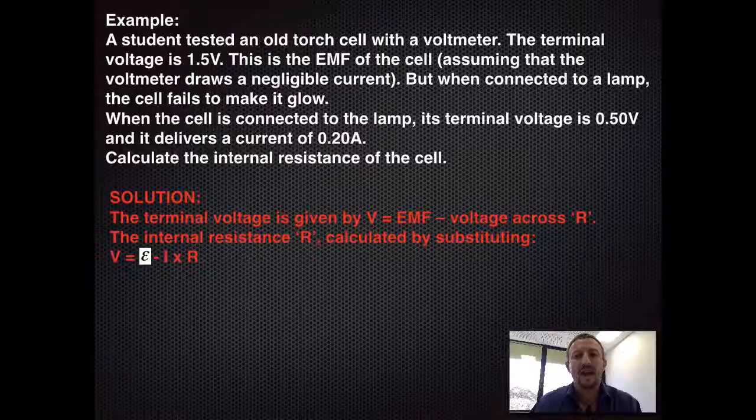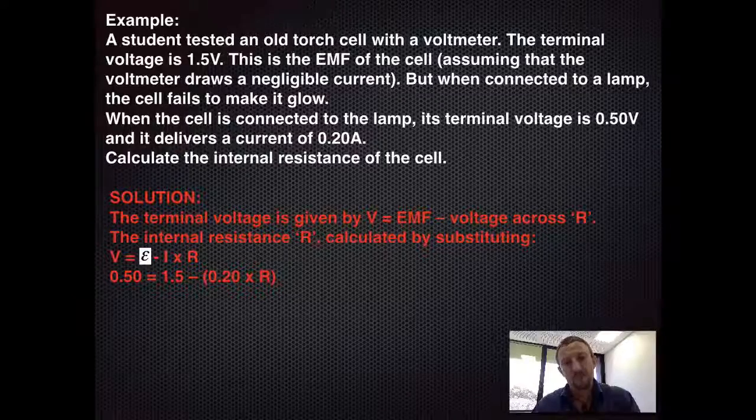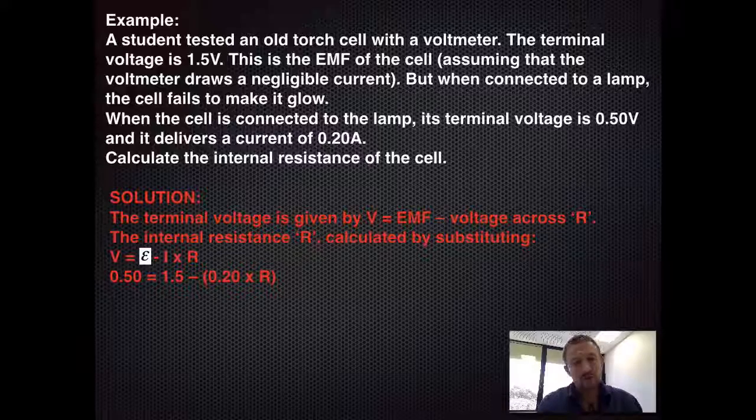So we can calculate R by substituting in. So we've got V equals epsilon minus I times R. We know that the V across the two terminals is 0.5 volts. We know that there's 1.5 joules of energy per coulomb trying to push the electrons down to the negative terminal, but we also know that we've got a backflow of 0.2 amps.